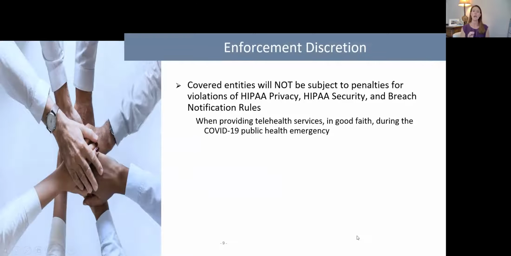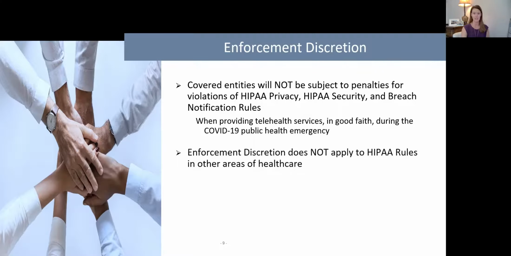So I do want to reiterate that right now, covered entities are not going to be subject to penalties for violations of the privacy rule, the security rule, or the breach notification rule if you are providing telehealth services in good faith. And we're going to talk about what bad faith is in just a second. But this is during the COVID-19 public health emergency.